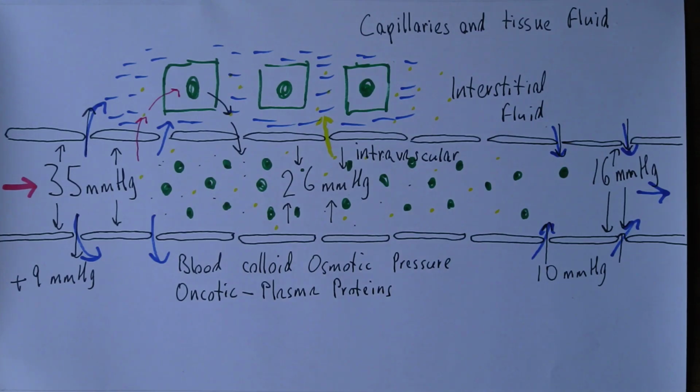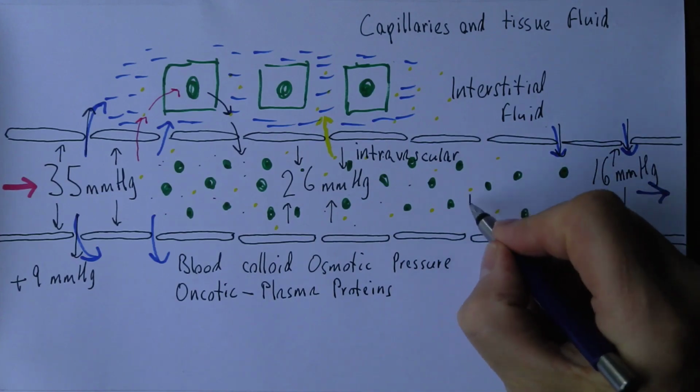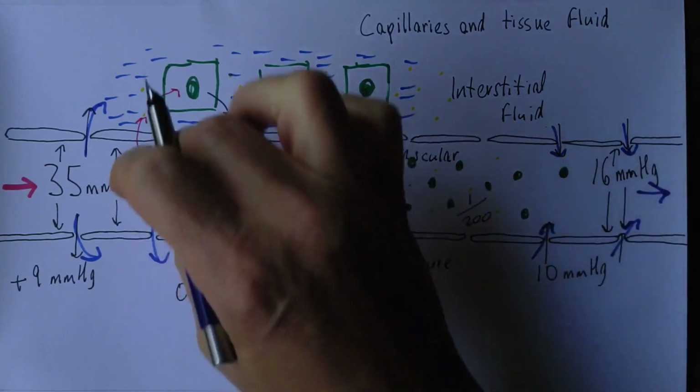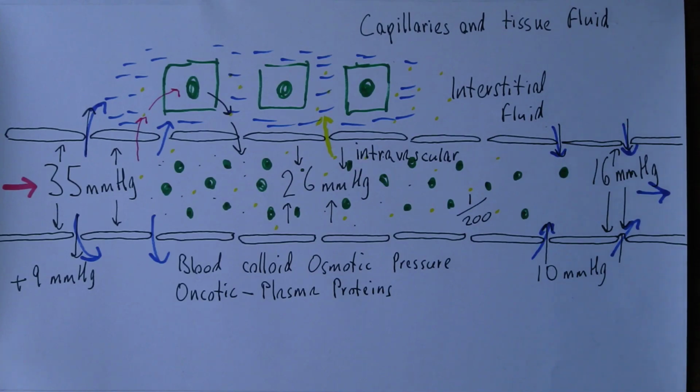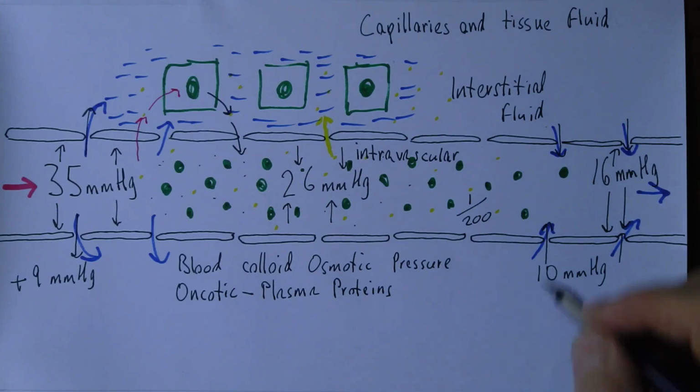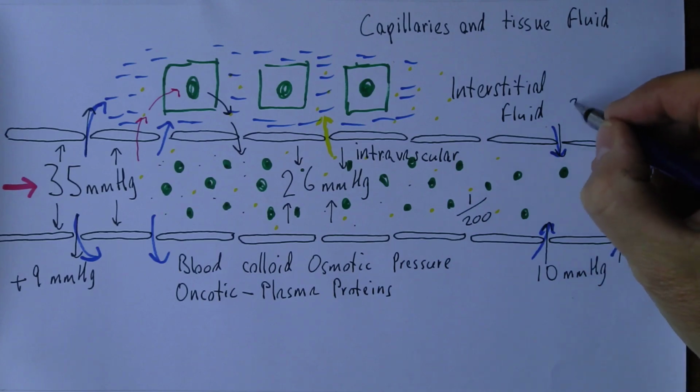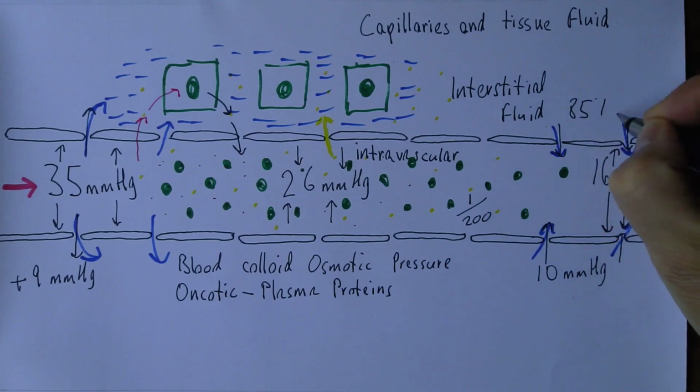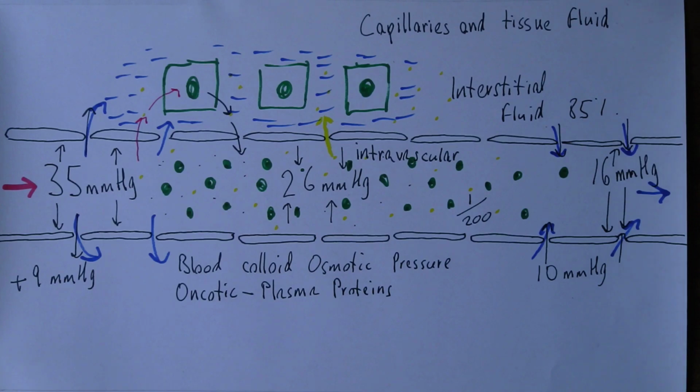And of all the water going through here, all the water going through in the blood, about 1 part in 200 is filtered. And most of that is reabsorbed. The majority of that, maybe 85% of that, is reabsorbed. It simply goes back in at the venous end of the capillary.